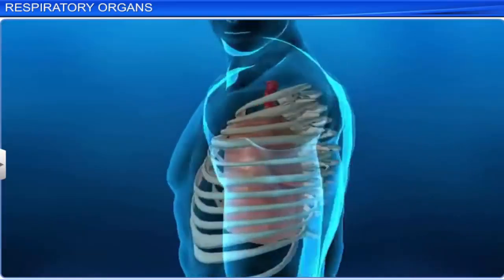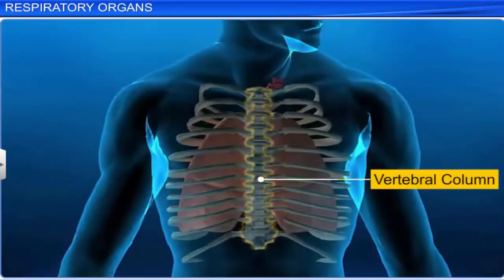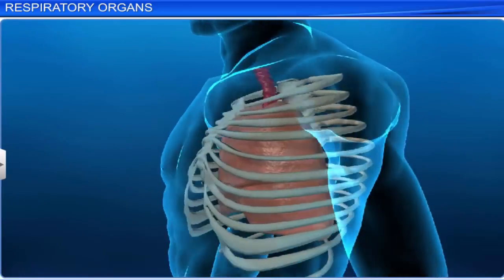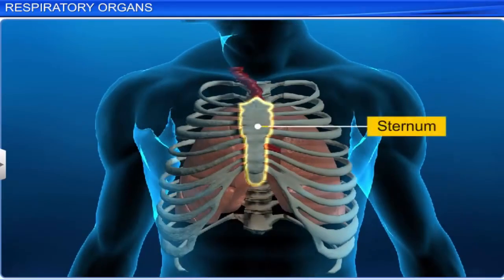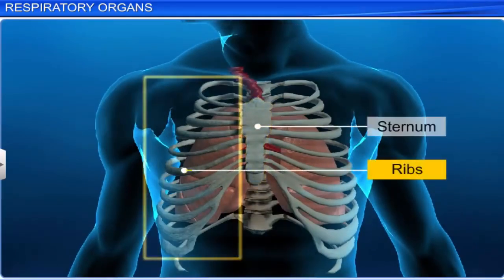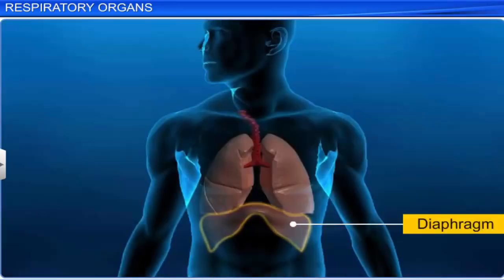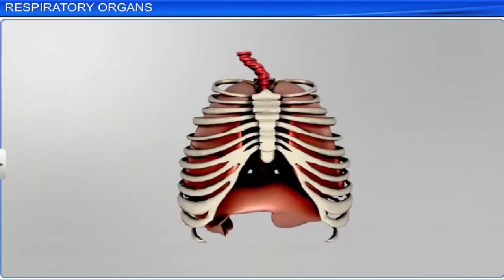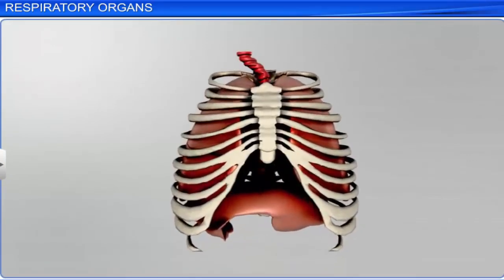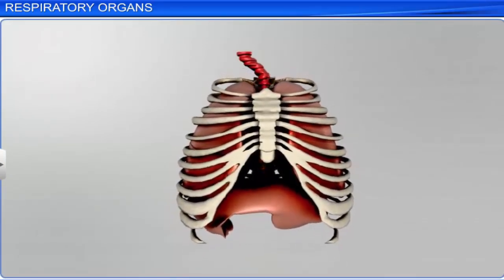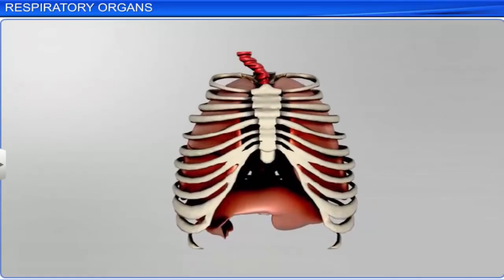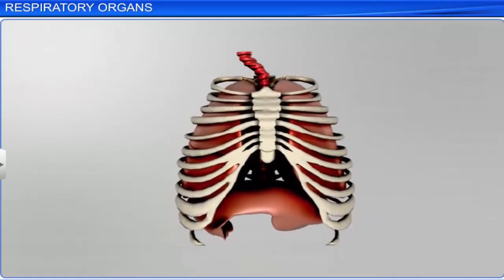The thoracic chamber is supported by the vertebral column dorsally, by the sternum ventrally, by the ribs laterally, and by the dome-shaped diaphragm on the lower side. The lungs in the thorax are arranged so that any change in the volume of the thoracic cavity reflects on the lung cavity or pulmonary cavity.